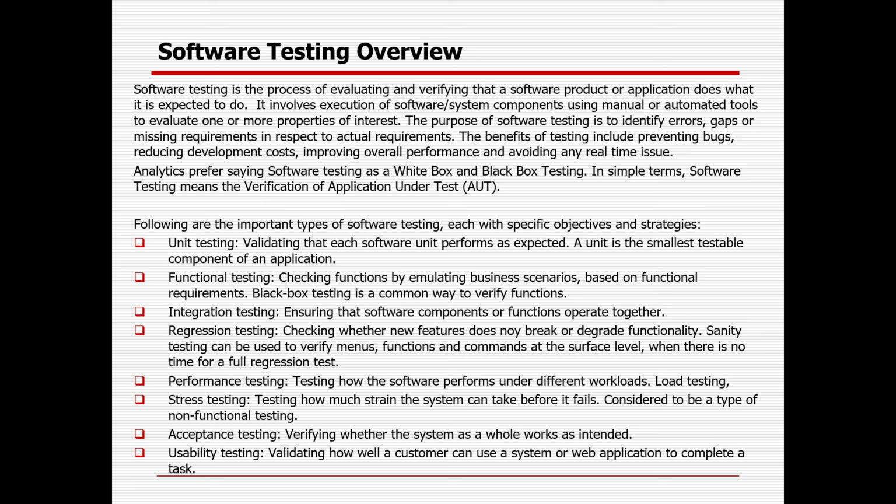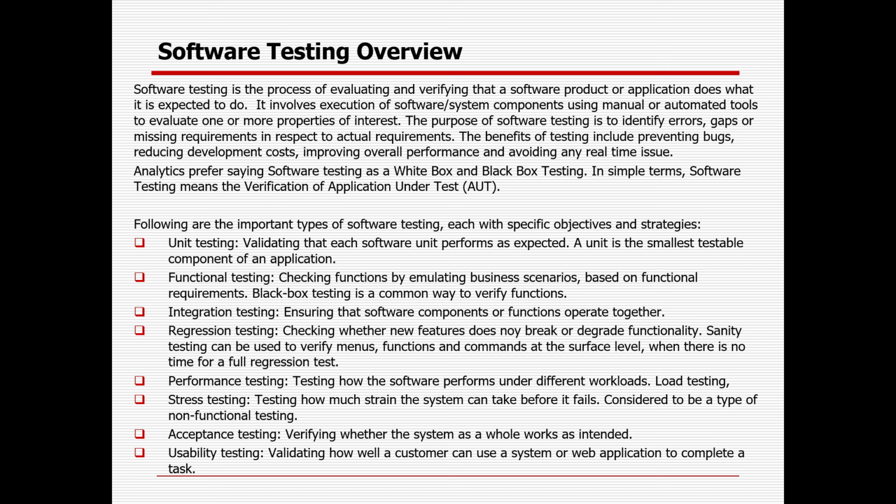So what is software testing? Software testing is the process of evaluating and verifying that a software product or application does what it is expected to do. What does that mean? It means that it should work based on the requirement design, the blueprint design, and the approach finalized.